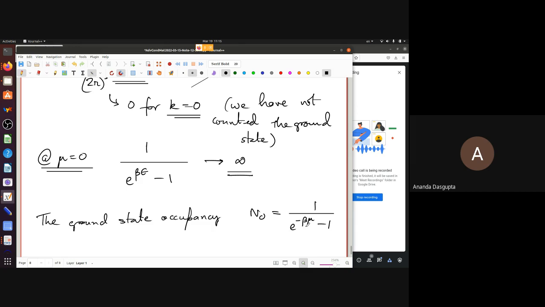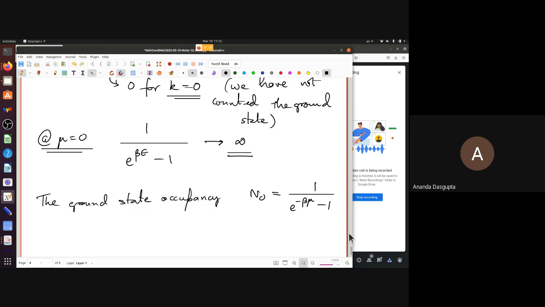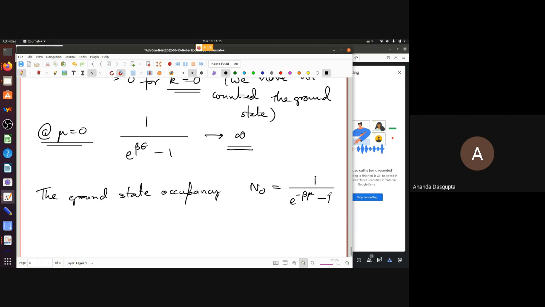Epsilon is 0 for the ground state. So this is the number of particles in the ground state. And as mu gets closer and closer to 0, this denominator becomes closer and closer to 0, and therefore this N0 becomes larger and larger. So for a given N0, given number of particles in the ground state, we just take the reciprocal and add 1 to get e to the minus beta mu.